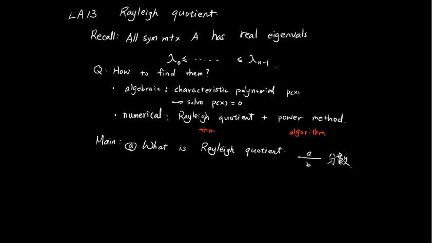We will formally define that. I'm just saying that this term in Chinese means a division, or the result of the division. And the second part is why we care about that, and what the application is. So basically, what and why.